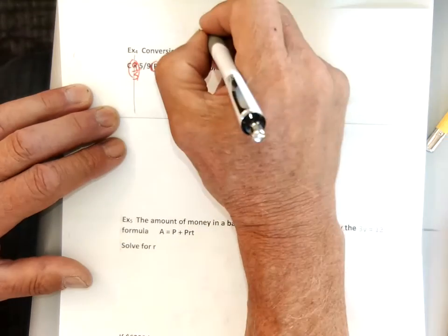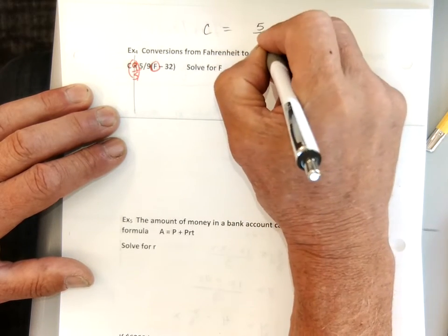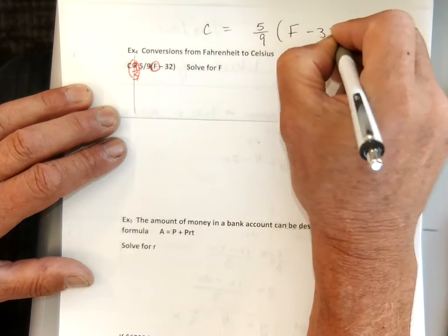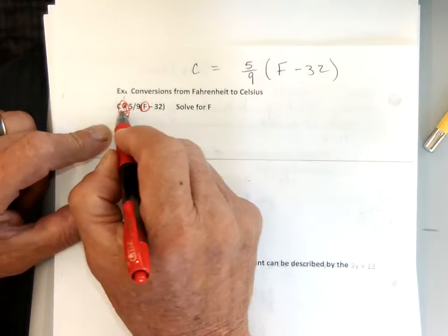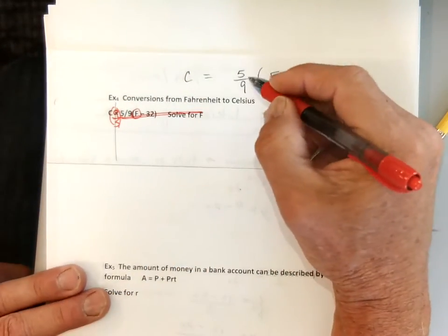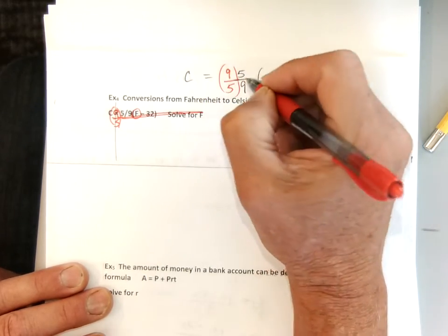I'm running out of room. I'm going to show it up above because I'm running out of room. Yeah, it'd be easier if I just wrote it differently, okay? So I'm just going to show it up here. Here's my 5/9. The opposite of 5/9 is 9/5, okay?